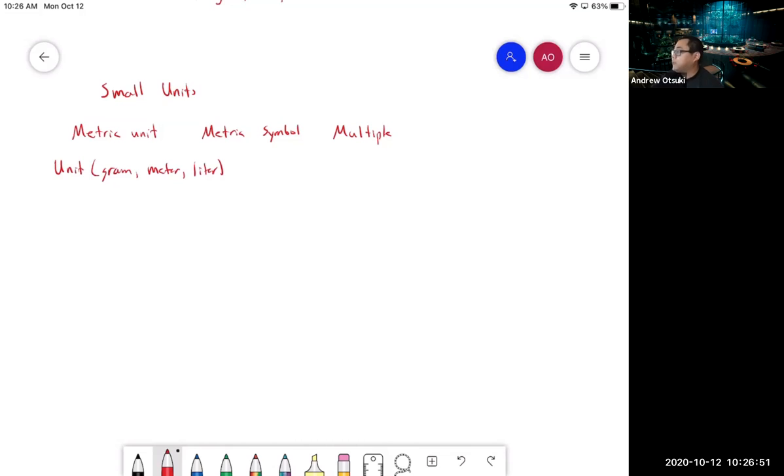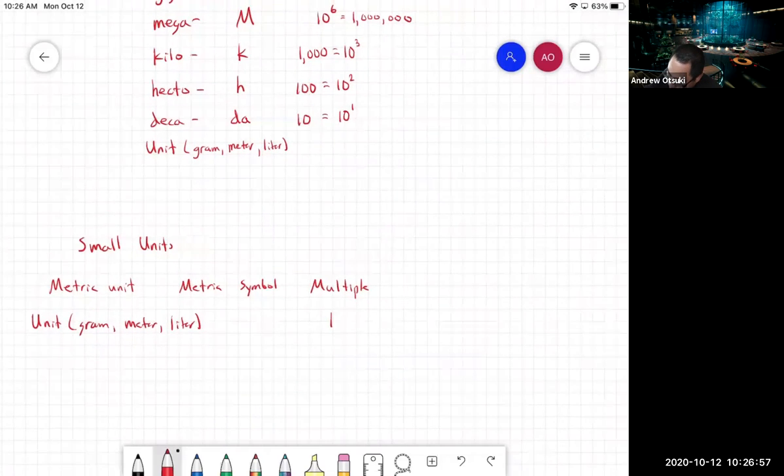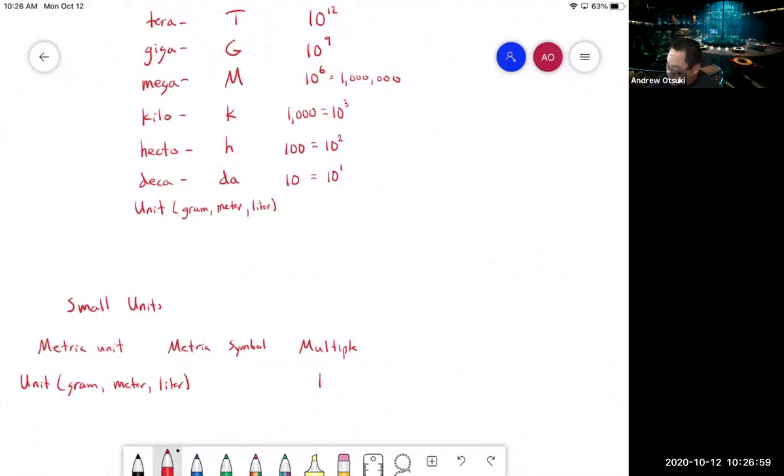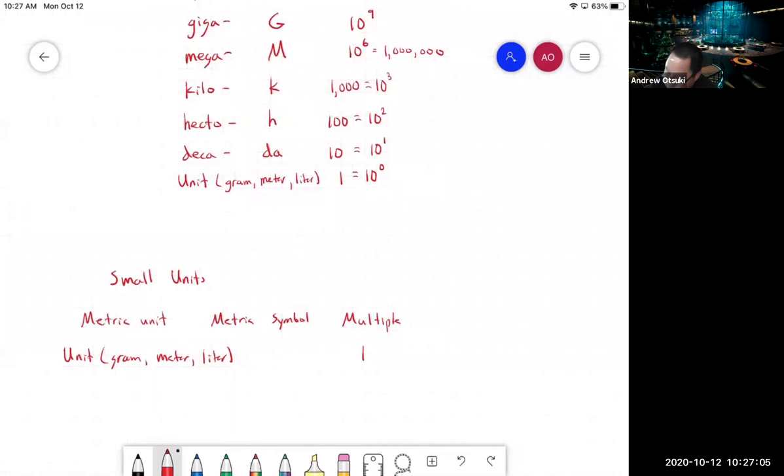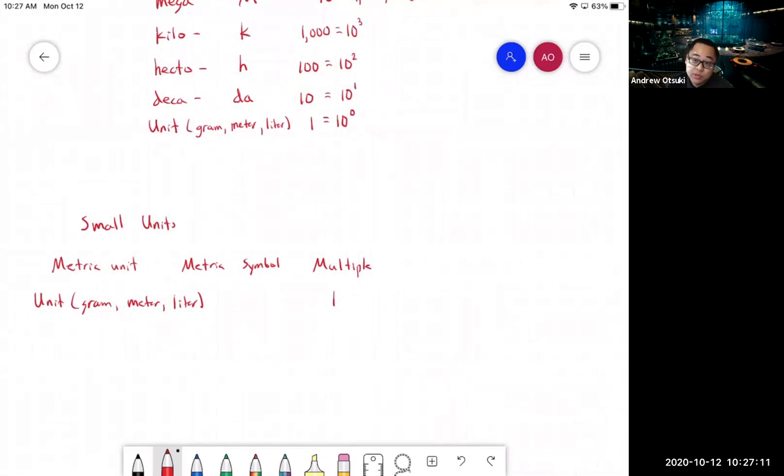And our multiple is 1. Oh, did I not write the multiple here? Let's go back. So our multiple here is 1, or 10 to the 0 power. We know that 10 to the 0 power is 1, right? Any number to the 0 power is 1.